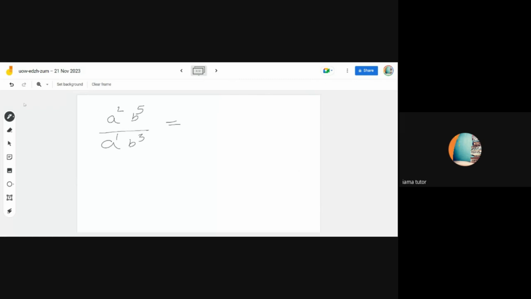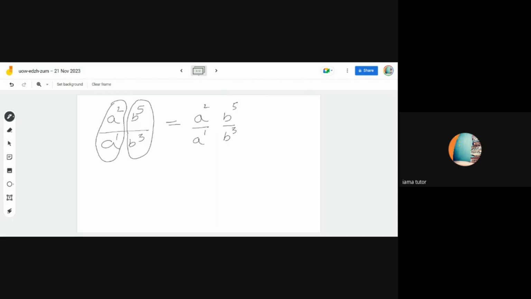If you see carefully, these two are the same base and these two are the same base. So we will group these together: a raised to power 2 over a power 1, and b power 5 divided by b power 3. We haven't made any changes.